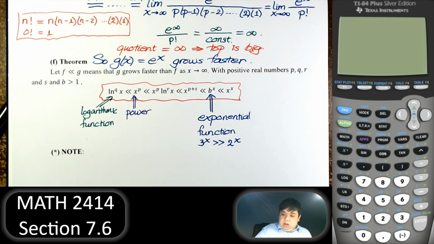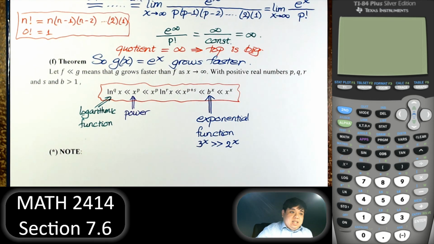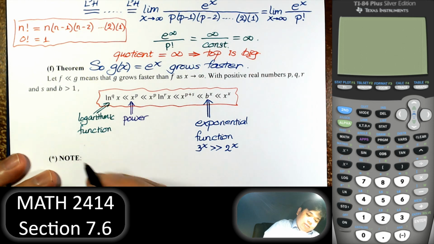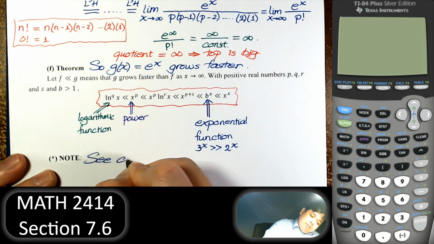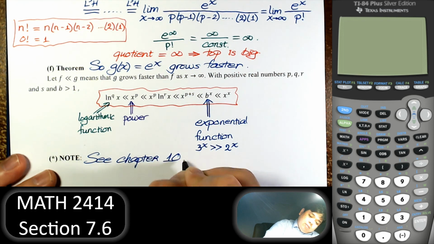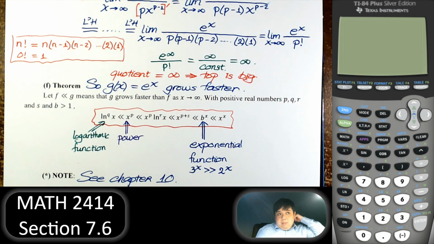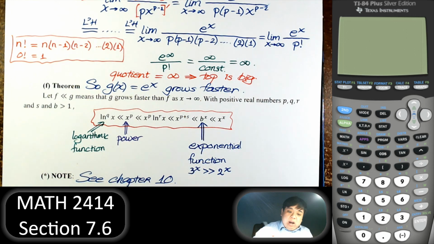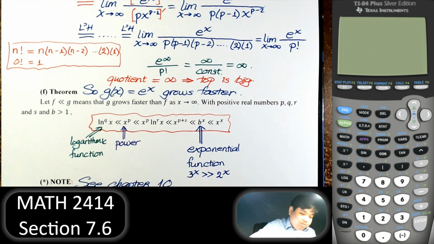The note I wrote here just says revisit in chapter 10. When we go to chapter 10 about series and sequences, we revisit this. But for now, the tower function is the one that goes the fastest.